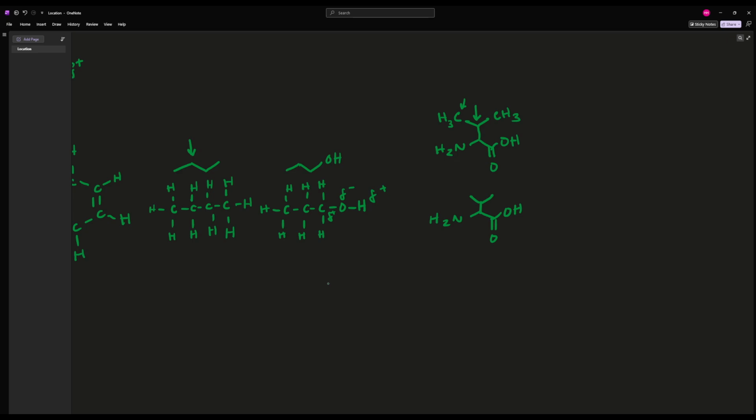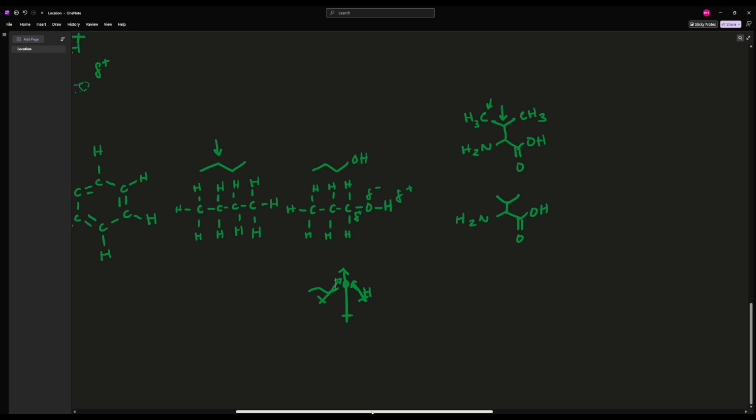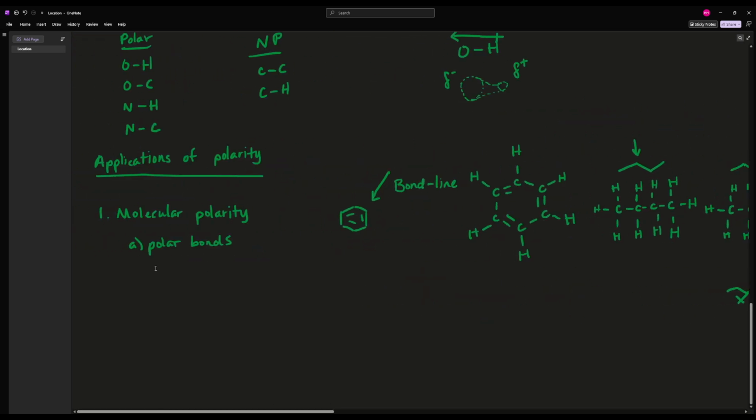I will show you an example of that in a second. But in this case, due to the molecular polarity, if we were to draw this out more explicitly, the molecular geometry of this is where the dipoles actually sum together for an overall molecular dipole, that looks like that. So this would be a polar molecule.